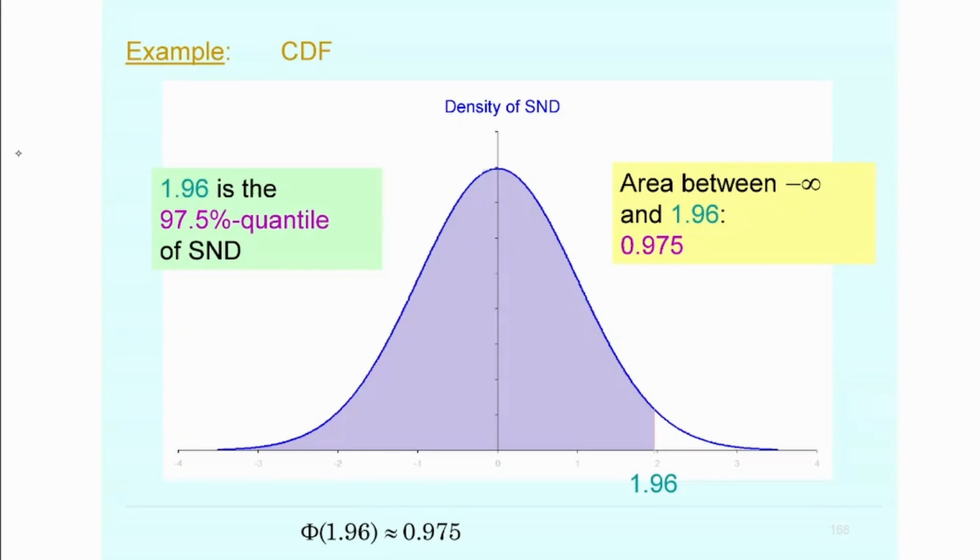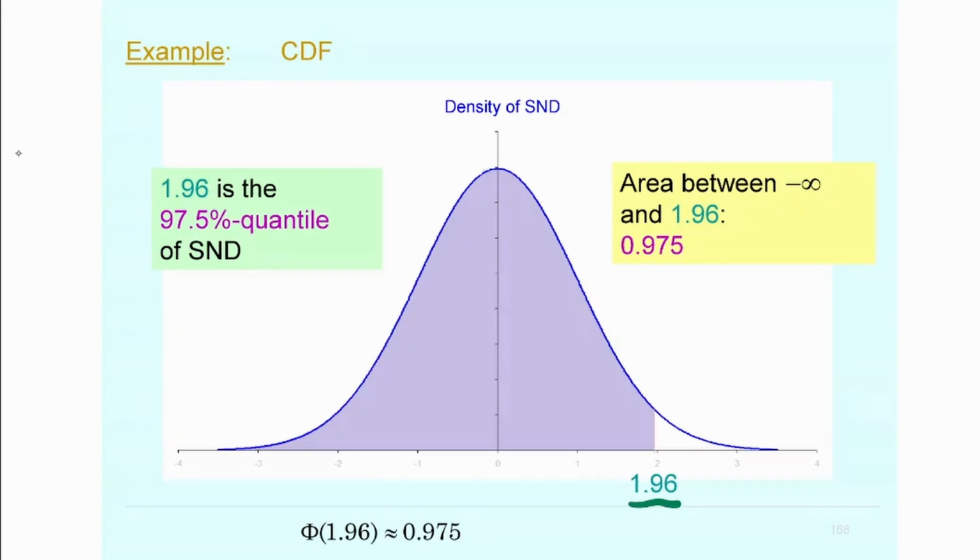Now, in this case, and that's also worth mentioning, the cumulative distribution function at point 1.96 is going to be 97.5%, which means that the probability that the standard normal distribution will not be greater than 1.96 is, roughly speaking, 97.5%. Then you can call this value 1.96 the 97.5% quantile of the standard normal distribution.